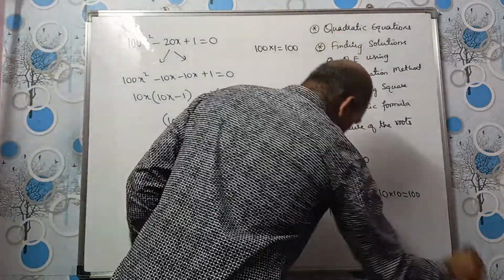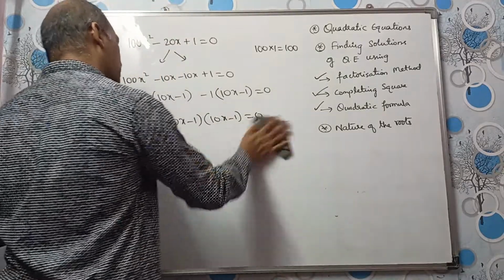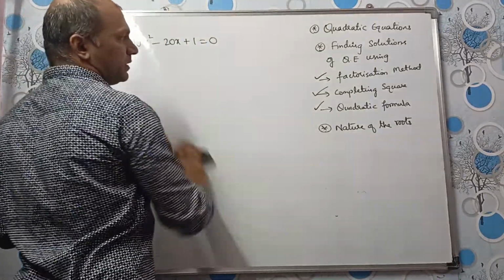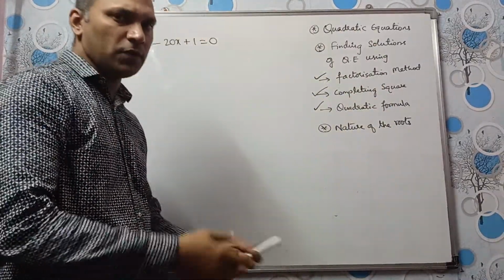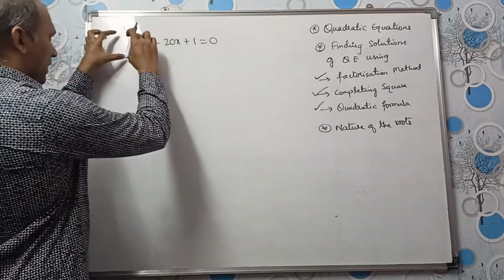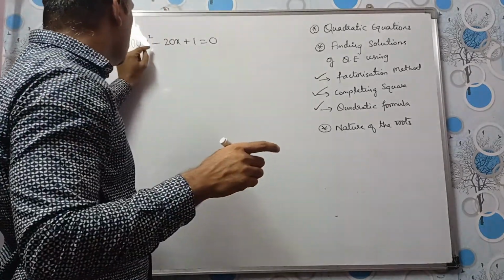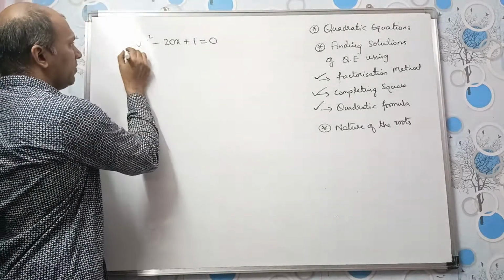Now let us do this using the completing square method. My advice is you please pause the video and do the completing square method and quadratic formula method also. Okay, all right, the first step in completing square is we should make the coefficient of x square as 1. How can we make it?